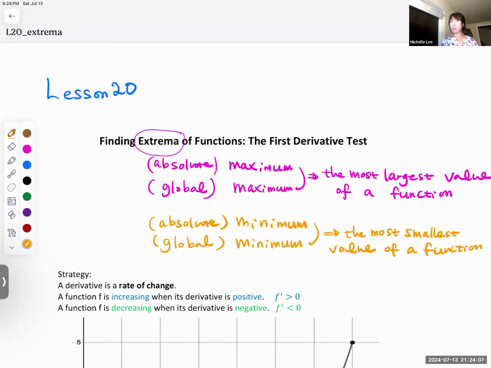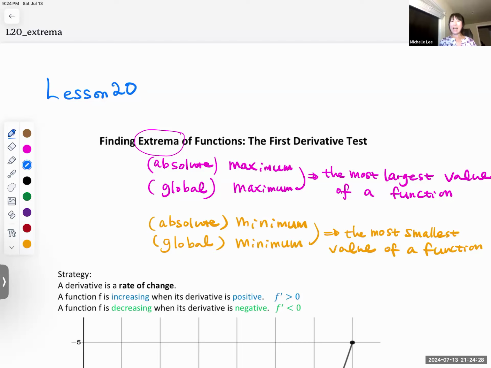And we have another one, which is relative maximum, or other textbooks indicate local maximum, local minimum, right? In this lesson we talk only about absolute maximum and absolute minimum, okay?